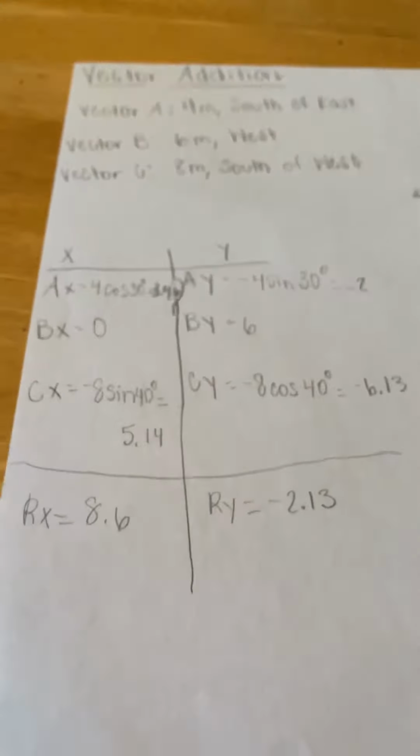I already added all these up and got the values for it, so I'm just writing them here: plus negative 4.5356. These values are 8.6 squared right here and negative 2.13 squared right here. So you add those up, and that's 69.4231.